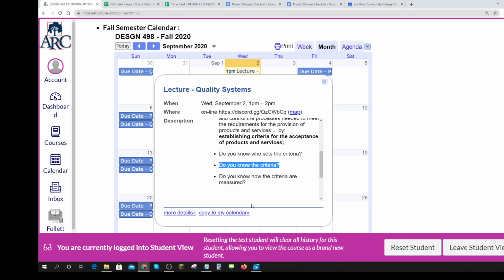And a lot of those criteria, I'll be honest, this is one of the places where the Design Hub lets you be pretty free. We ask you to let us know what you think is a good job, and we ask you to tell us what you're going to do.